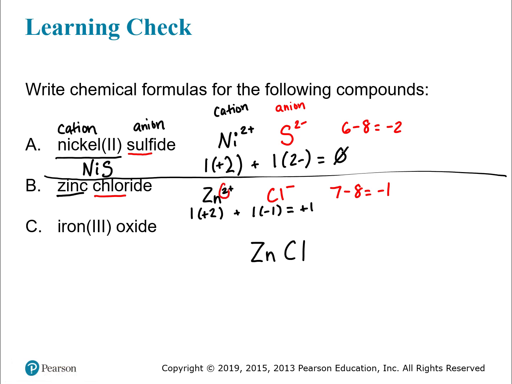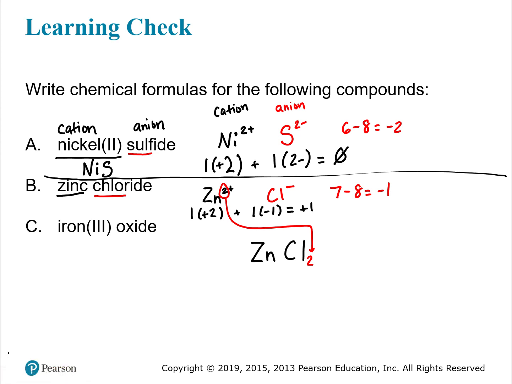I'm going to take the charge of the zinc, which is our cation, and use that as the subscript for my chloride ion. I now have 2 of them. Now I'm not going to do that for the chlorine because the charge there is only 1 minus. I don't write a 1 for a subscript. So we just leave the zinc alone.